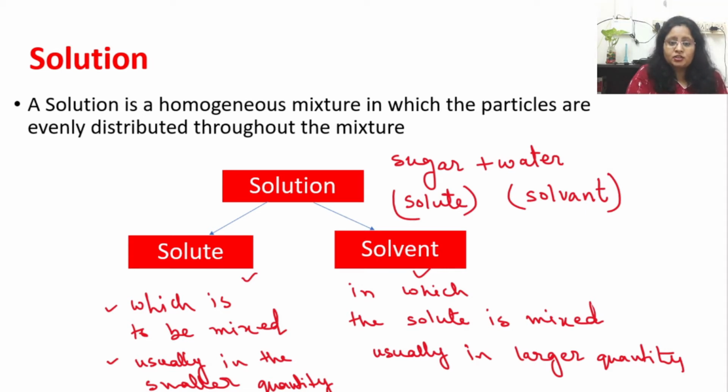Sugar is to be mixed, and water is the one in which the solute is mixed. Sugar is always lesser in quantity in comparison to water, and water is always taken in the larger quantity as compared to sugar. So water is used as a solvent here. I hope this should be clear to you.